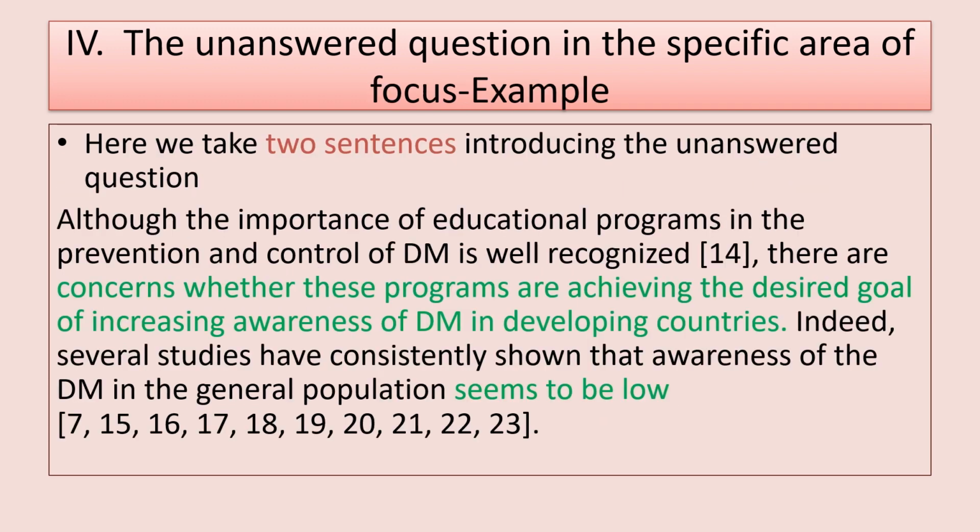The unanswered question example. Here we take two sentences introducing the unanswered question. Although the importance of educational programs in the prevention and control of DM is well recognized, there are concerns whether these programs are achieving the desired goal of increasing awareness of DM in developing countries.